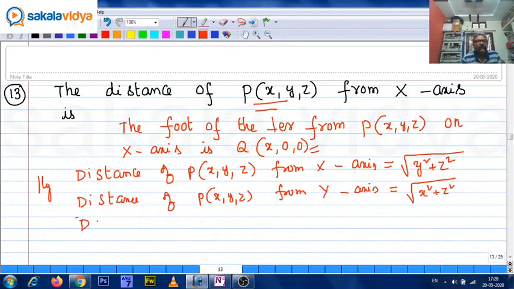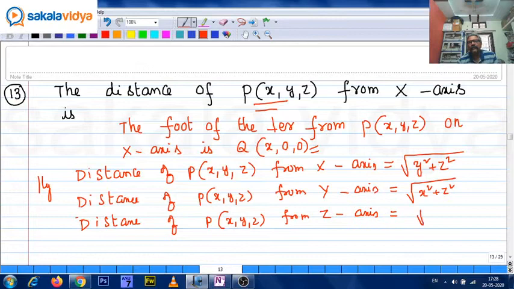So the distance of P(x, y, z) from the z-axis, z is left out, and you will get here the square root of x square plus y square. Understood now? So this we can remember.